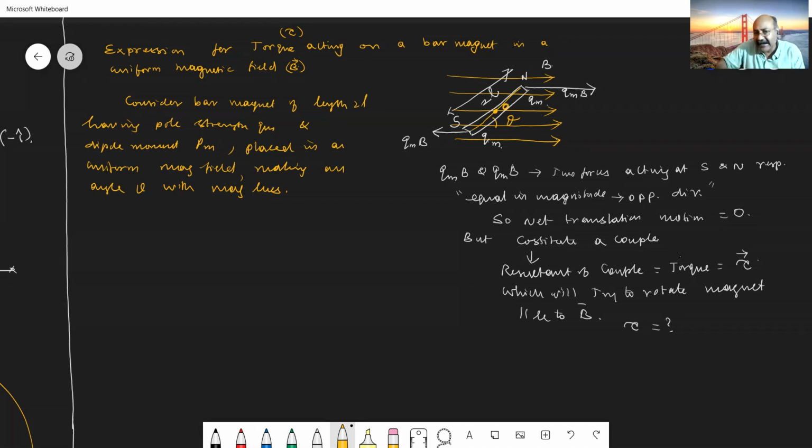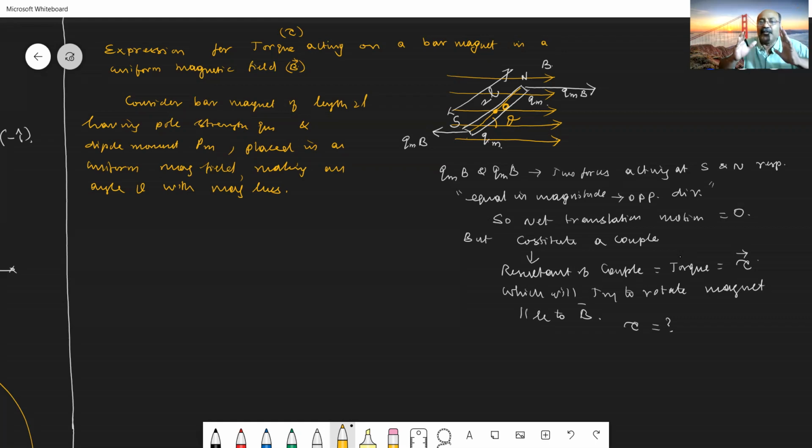Now, when the magnet is placed inside the uniform magnetic field, the pole strengths experience a force. The forces experienced are Qm B, equal in magnitude and opposite in direction. Since they are equal in magnitude and opposite in direction, there is no net translational motion.